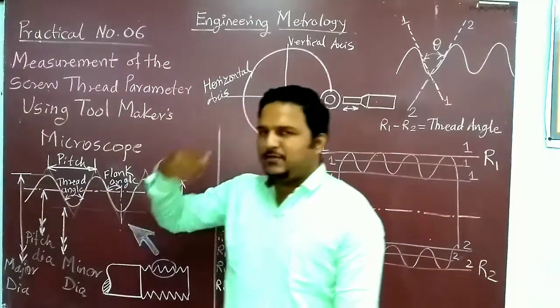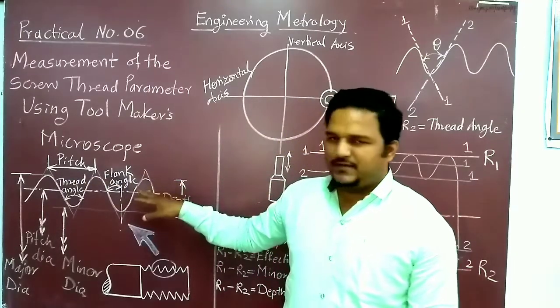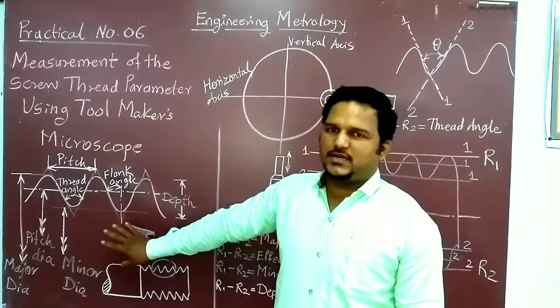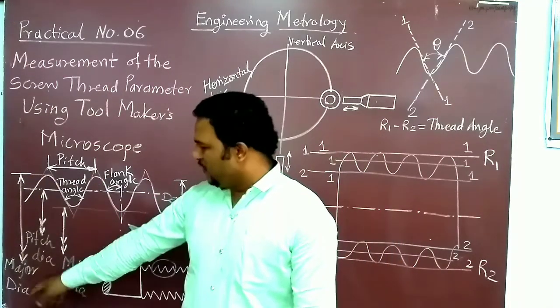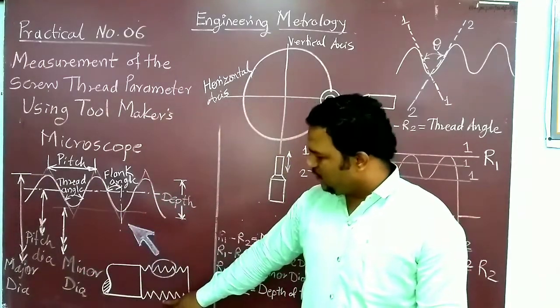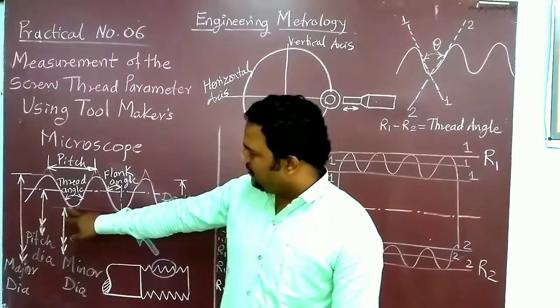Major diameter is the diameter of the imaginary circle which touches the crest of the thread for the external thread. Okay, so we have major diameter from the crest towards the other side of the crest. Okay, so that is major diameter. Minor diameter is from the root.